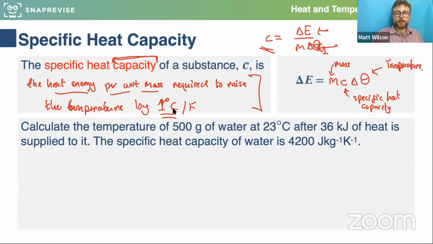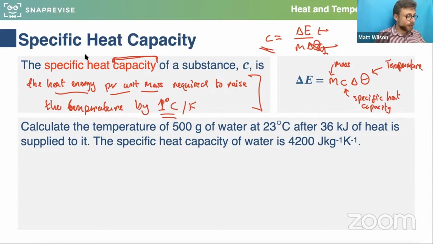So that's the relationship between the two definitions. There's a mathematical definition and a wordy definition, but they say the same thing. Notice that if I have a bigger heat capacity, that means I need more heat energy per mass to increase the temperature. So higher heat capacity means it's harder to increase the temperature by just adding energy.